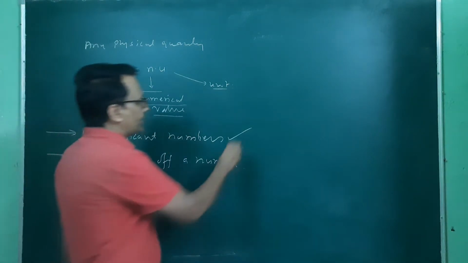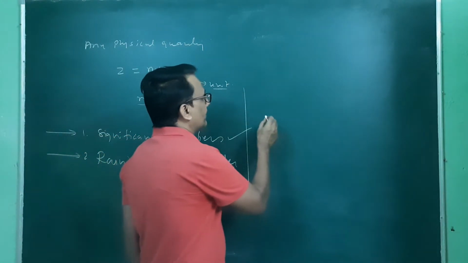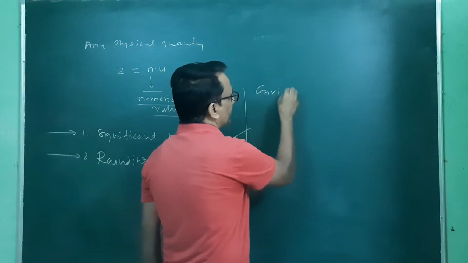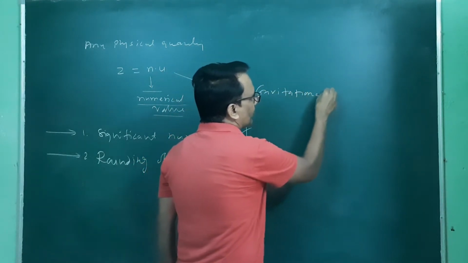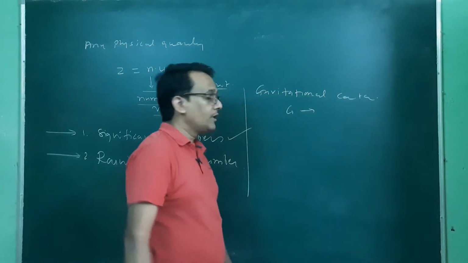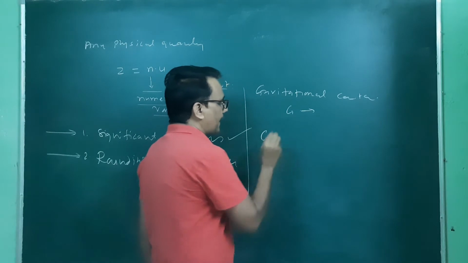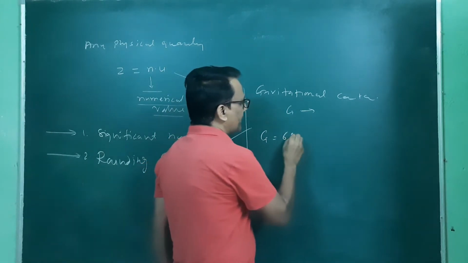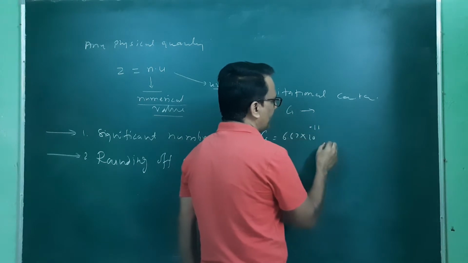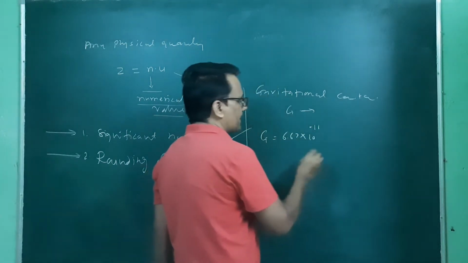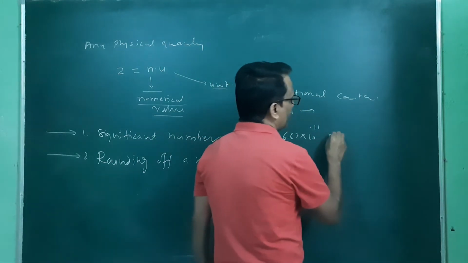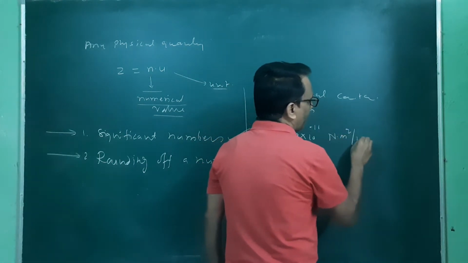So if we write any number, for example, we are talking about the gravitational constant. This gravitational constant G is written, then the value of G is equal to 6.67 into 10 to the power minus 11, and the unit of this is Newton meter square per kg square.